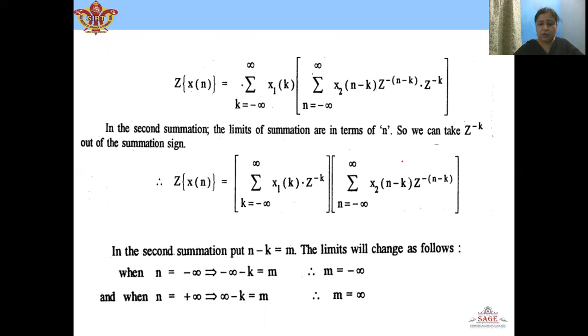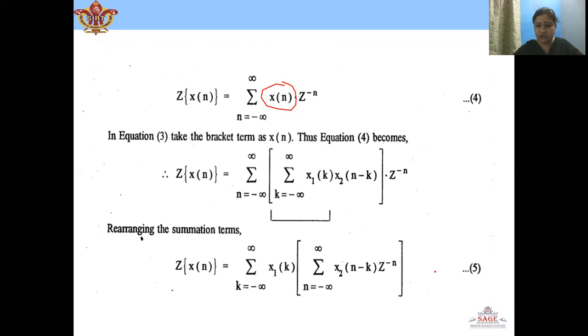Now in this term, z raised to power minus n is there. What we'll do is multiply it with z raised to power k and z raised to power minus k. We already know that z raised to power k and z raised to power minus k, if they are multiplied, will give 1, so multiplying with 1 will not change this term.